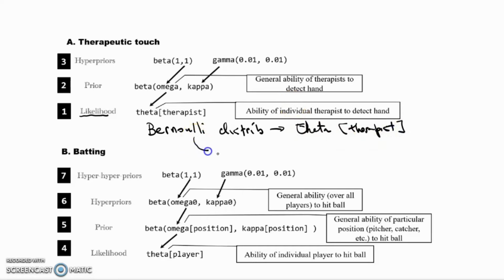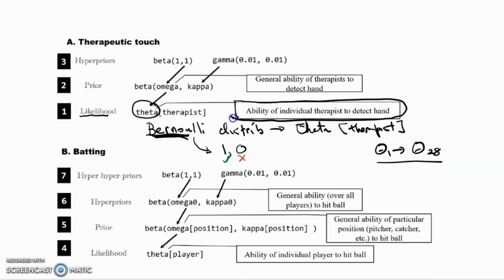From that Bernoulli distribution, we obtain a series of ones or zeros, depending on whether there was a correct or incorrect guess about where the hand was located. We had 28 therapists, so we had 28 different values of theta from 1 to 28, and those values of the Bernoulli parameter reflected the ability of individual therapists to detect where the hand was located. And then we had our prior.